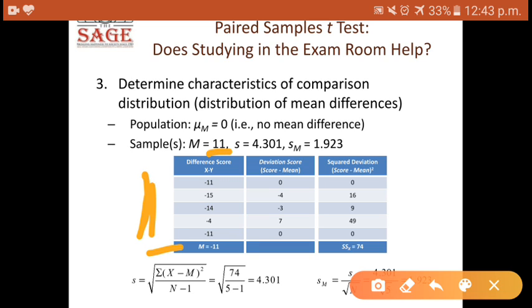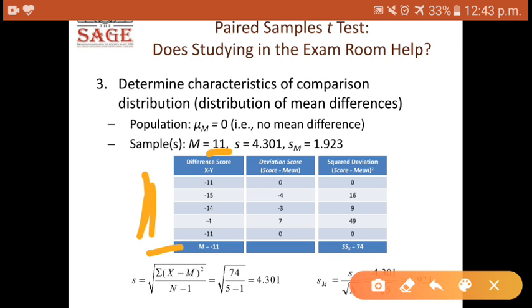When it comes to 11, we are going to find out the deviation from it. Deviation means score minus mean. So 11 minus 11 is going to give you 0. Then what is written over here? I can't see. Minus 15 and 11 is going to give you minus 4. Similarly, we have got deviations, and then we will take out the standard deviation.